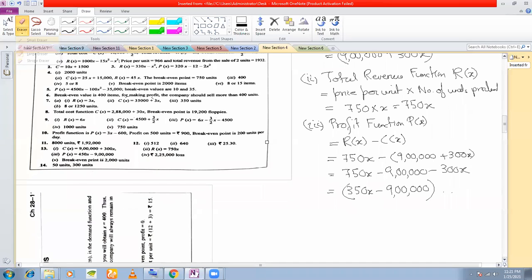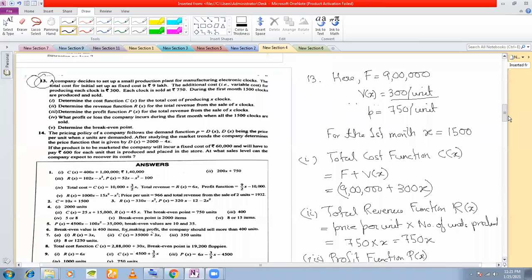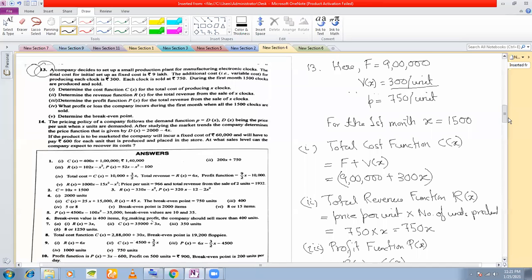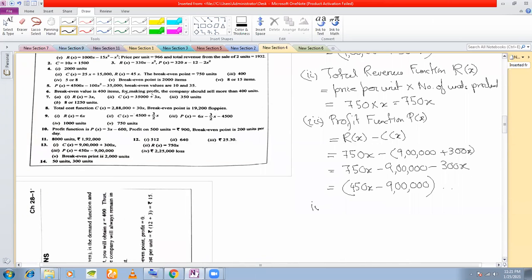Okay, fine. Let us look at the next question: determine the profit or loss the company incurs during the first month when all the clocks are sold. In the first month, how many units are being produced? 1500, right? So for the first month, you need to determine the profit or loss.